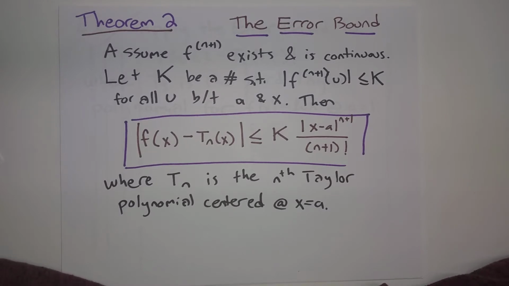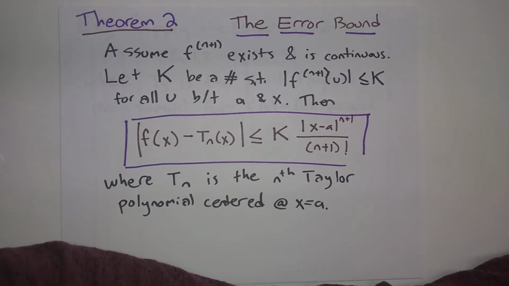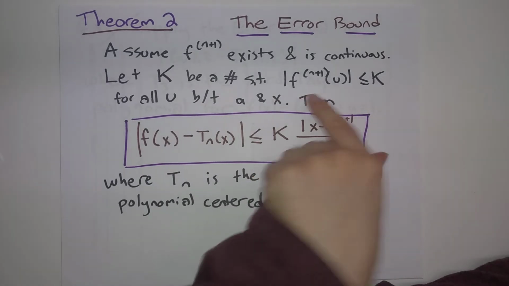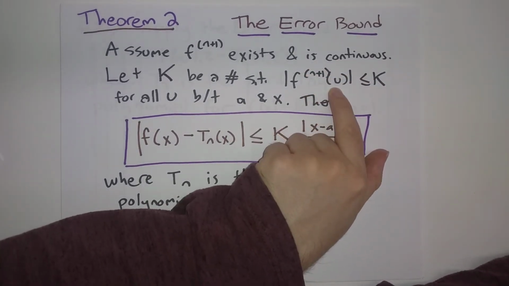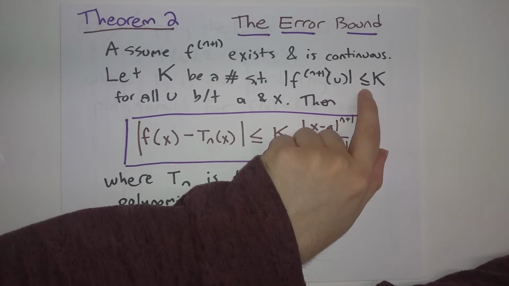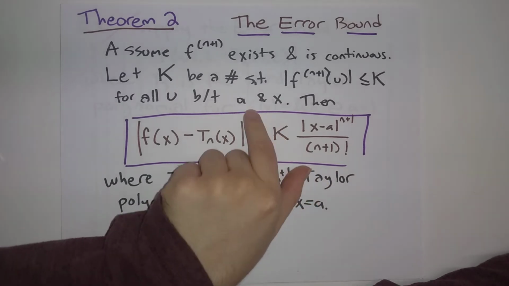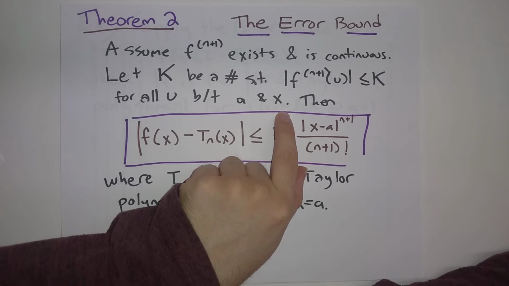So theorem 2, the error bound, tells you how big the error is going to be. We assume that the m plus first derivative of our function f exists and is continuous, and let k be some number such that the absolute value of the m plus first derivative evaluated at u is less than or equal to k for all u between a and x, where this a is the center of your Taylor polynomial, and this x is where you're going to be estimating your function using your Taylor polynomial.